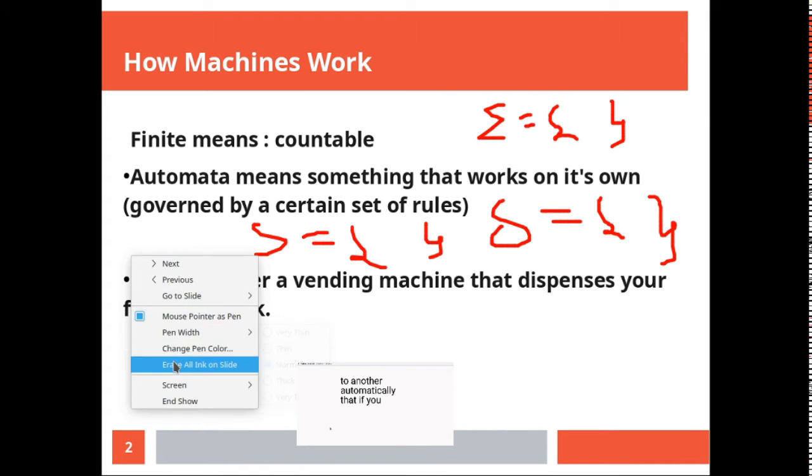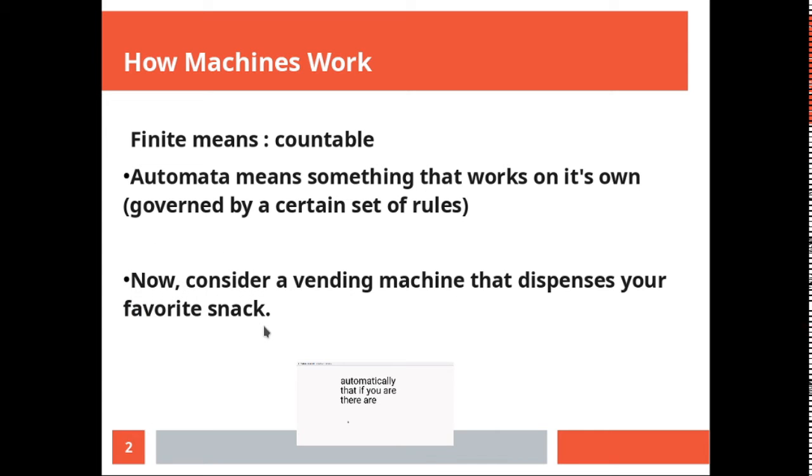Now, if you look around, there are a lot of automatic machines that you might have seen. For example, a fan, your washing machine, refrigerator, microwave oven. All these things are some kind of automata and can be represented in the form of states.